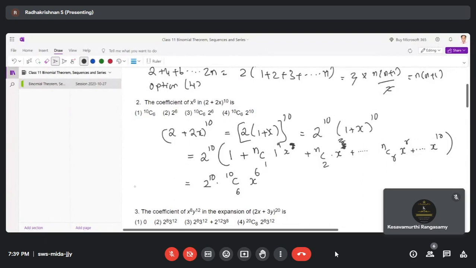This is the coefficient of x power 6. So yes, you are right, it is option number 4.